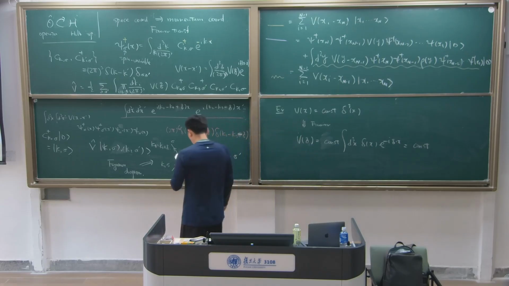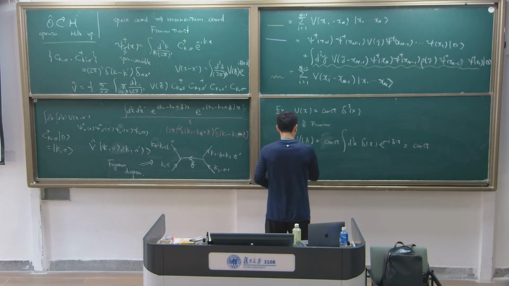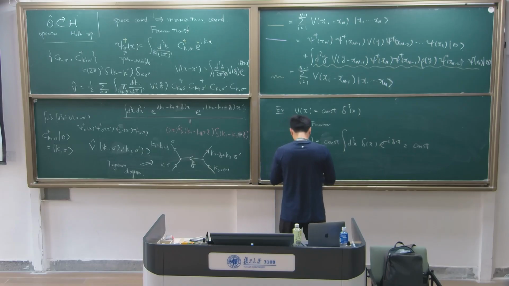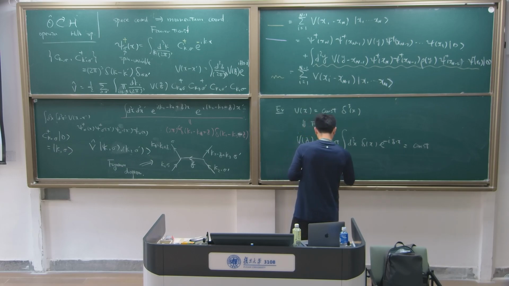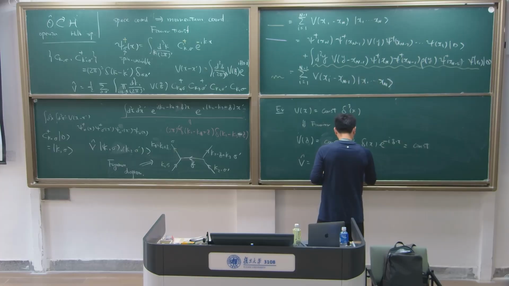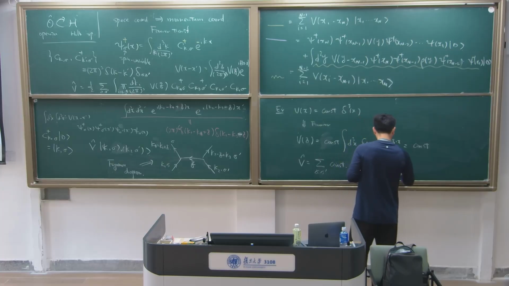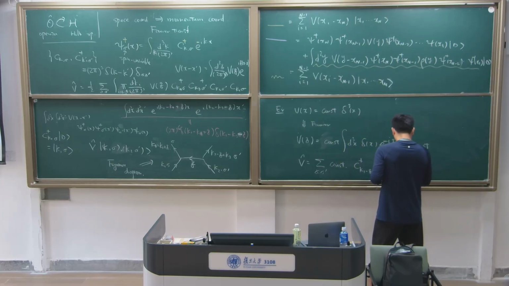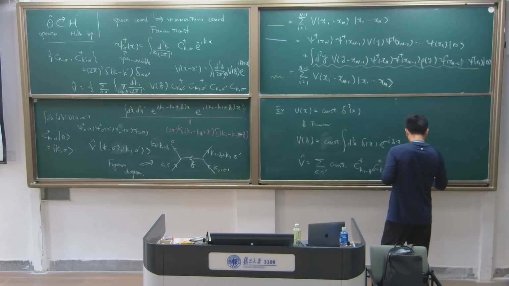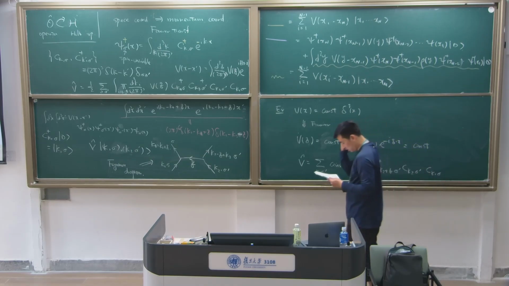Therefore, V hat is equal to the sum over sigma and sigma prime of constant times C dagger K1 minus Q, C dagger K2 plus Q, sigma prime, sigma, and C K2 sigma prime and C K1 sigma.